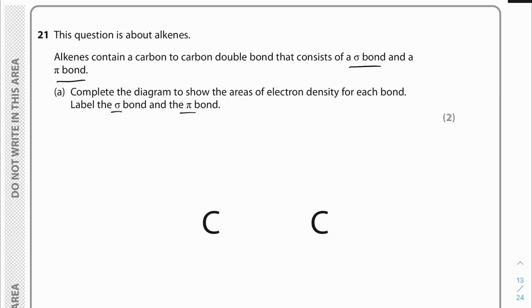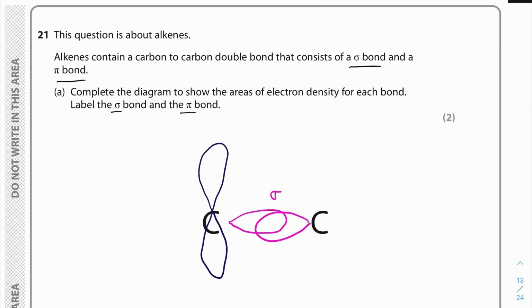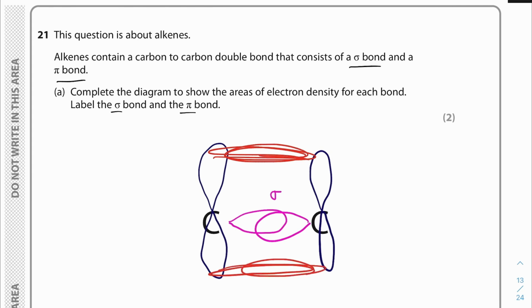So this is pretty simple. Let's do the sigma bond first. Let's draw an oval, and this is our sigma bond. Now let's draw our pi bond. These are oval shapes like this, we have 2 of them. So this space over here is our pi bond.